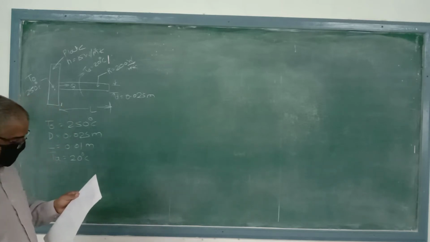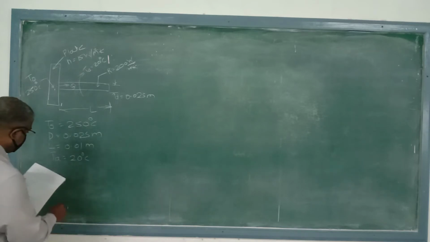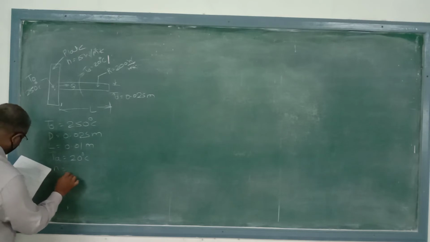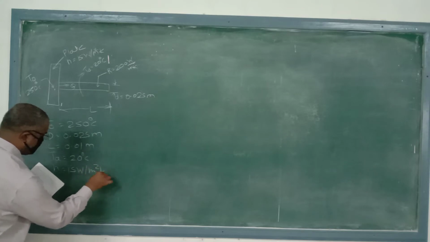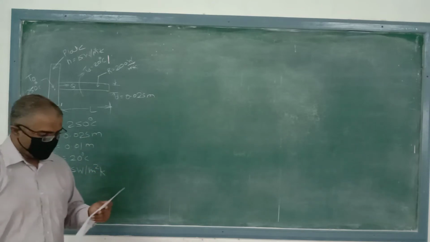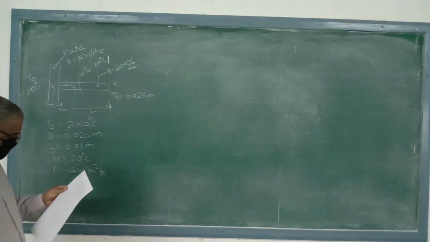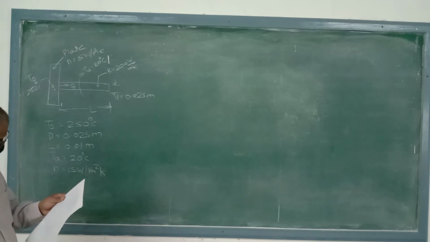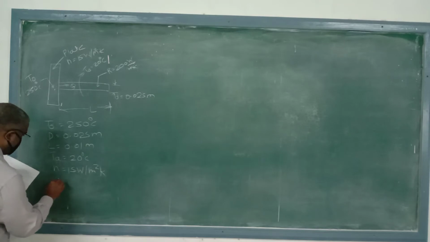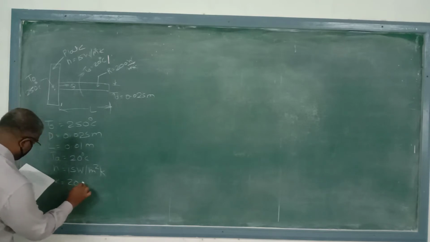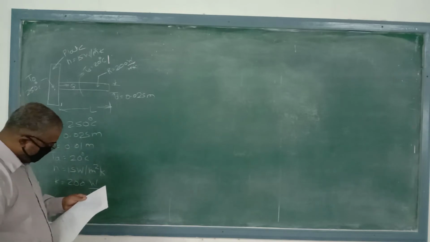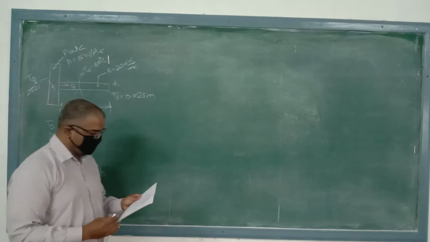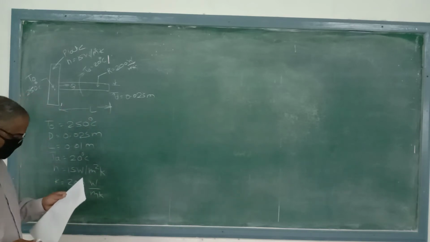Next, they have mentioned h value, that is convective heat transfer coefficient 15 watt per meter square Kelvin, and thermal conductivity k is also mentioned, which is k is equal to 200 watt per meter Kelvin. We have written all these things.